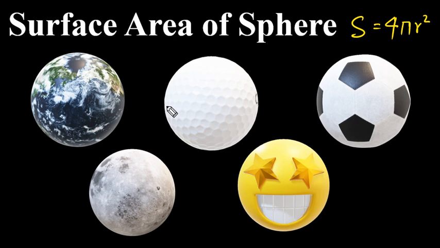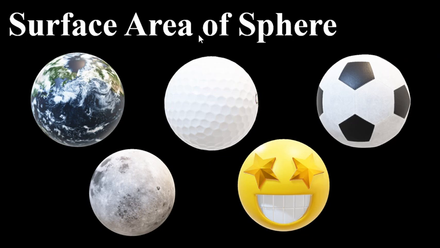If you cut a sphere through the middle, it will be cut by a plane in a circle like this. If the radius is r, this area is pi r squared, and the total surface area of the sphere is 4 pi r squared.